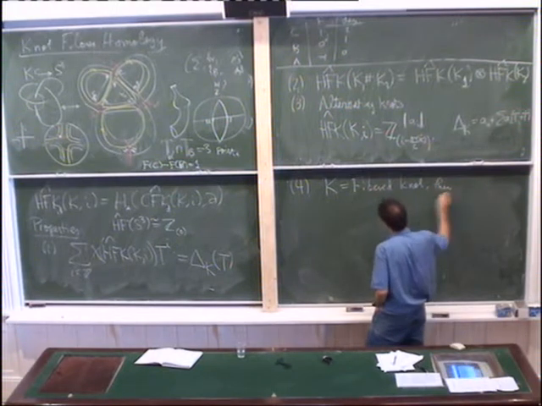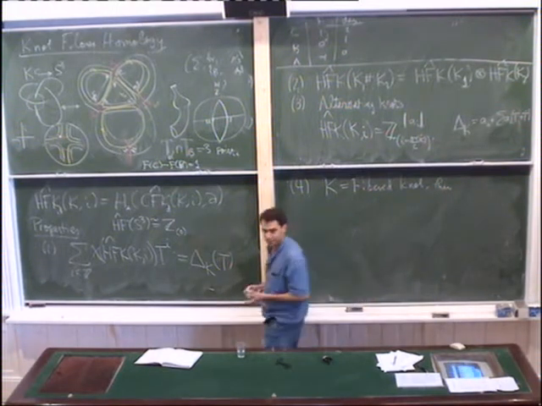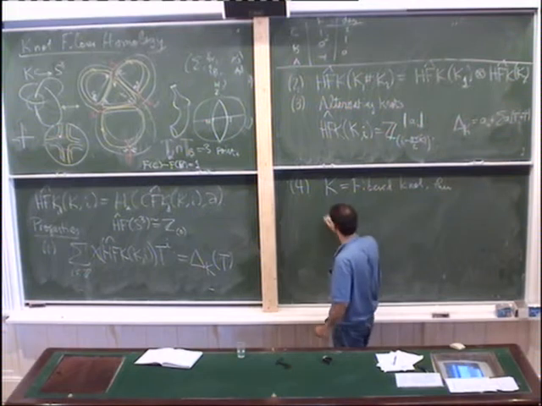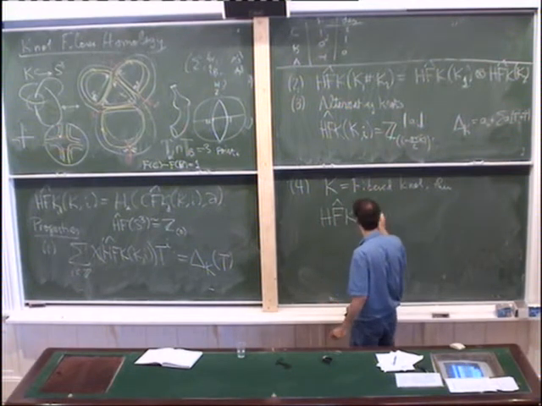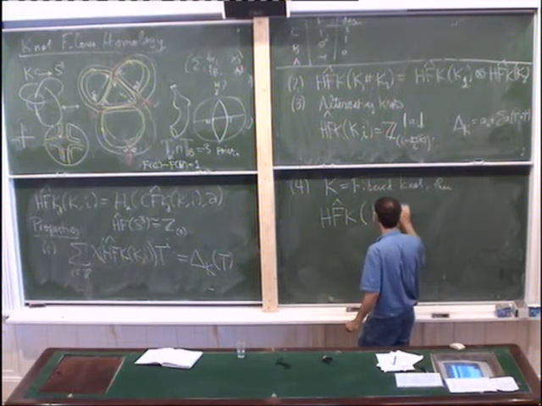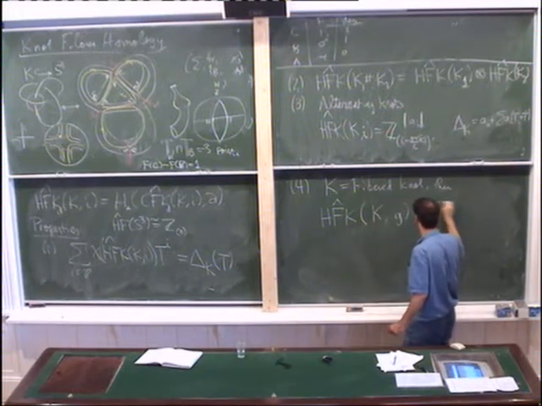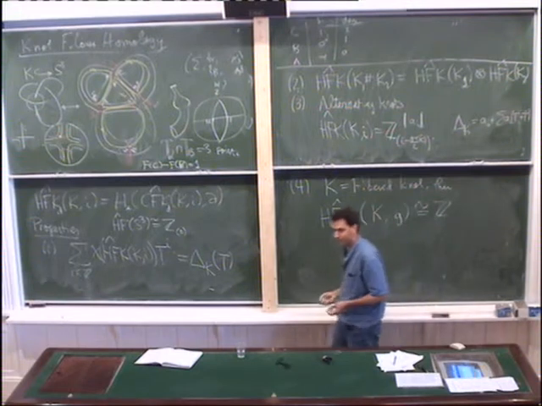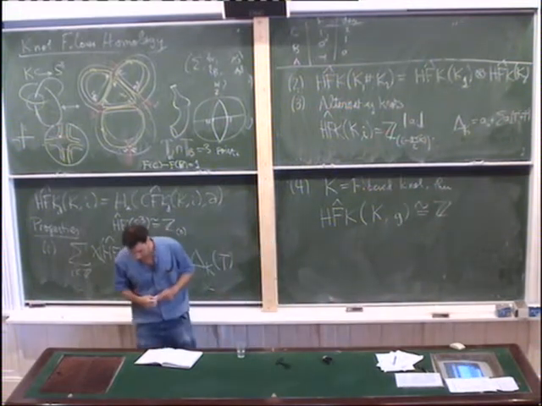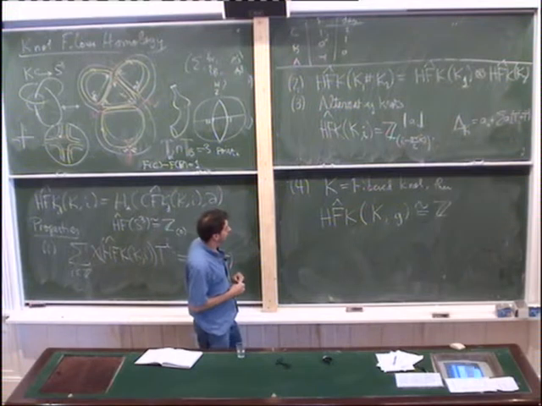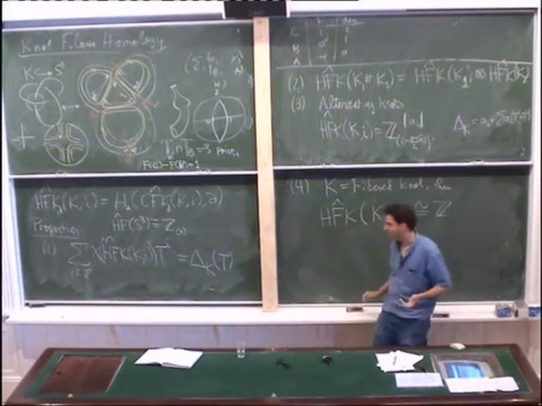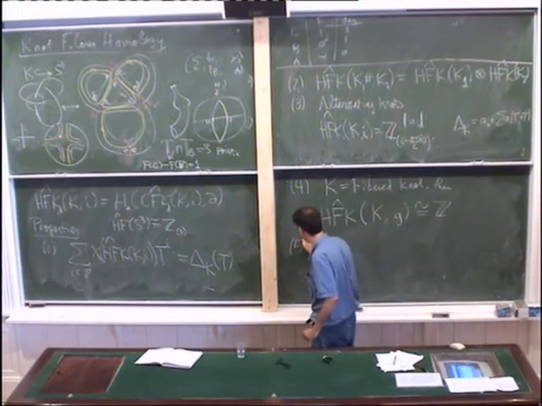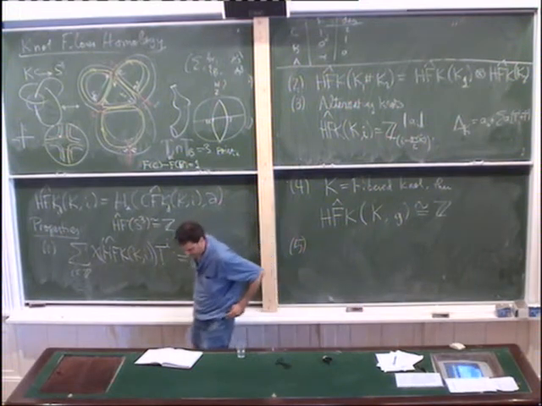Then, well, we know the Alexander polynomial is monic, but in fact, the corresponding statement for knot Floer homology is that the knot Floer homology in filtration level g is isomorphic to Z. So somehow the Floer homology is monic as well. This is going to play a role in, I think, Andras's story.